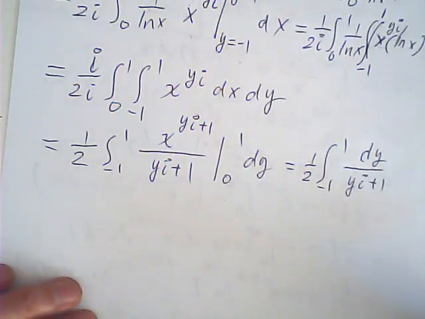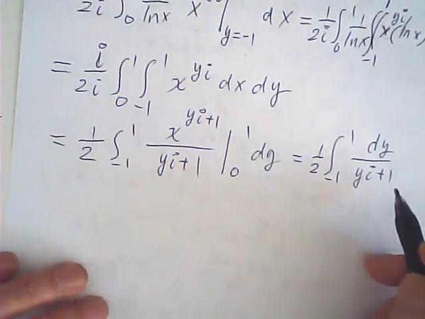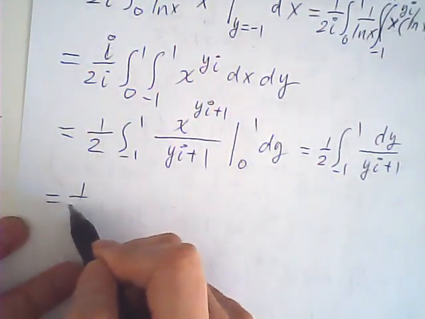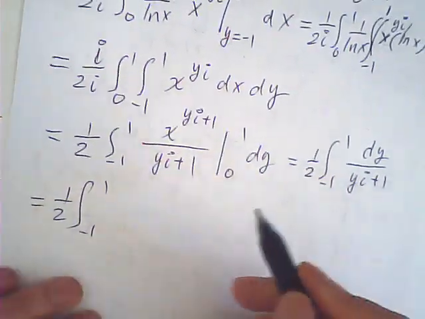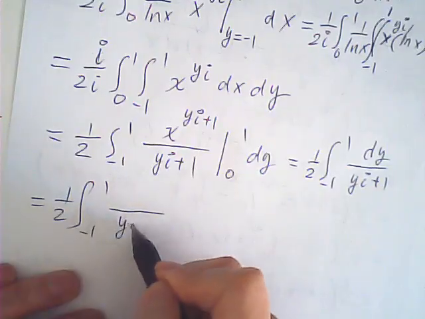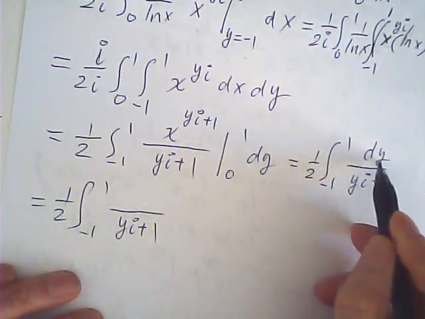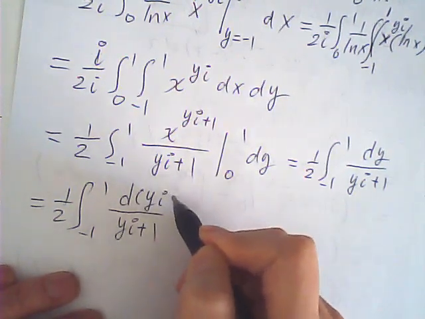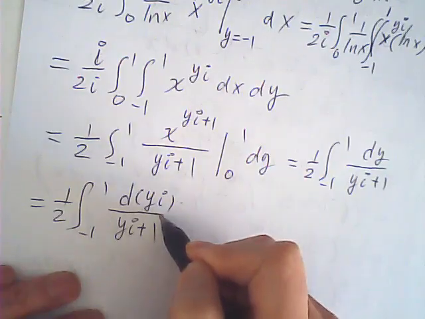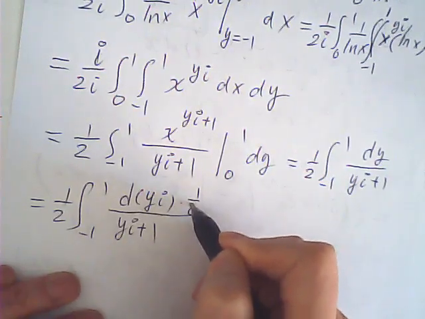Yeah, it's good. Then I rewrite this one, y plus 1. I can write d of y plus 1, times 1 over i.